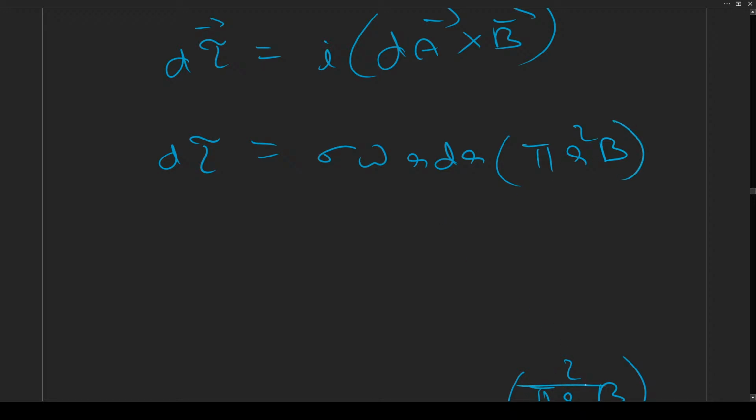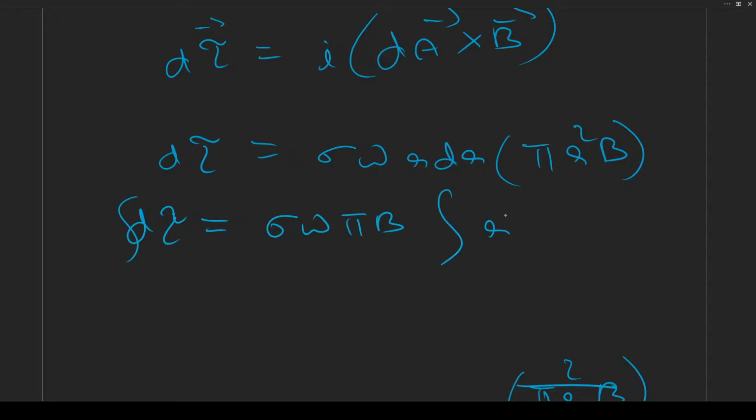Sine 90 is 1. D tau, if we integrate it, we will get these values outside. We will get tau to be equal to pi sigma omega B a power 4 by 4.